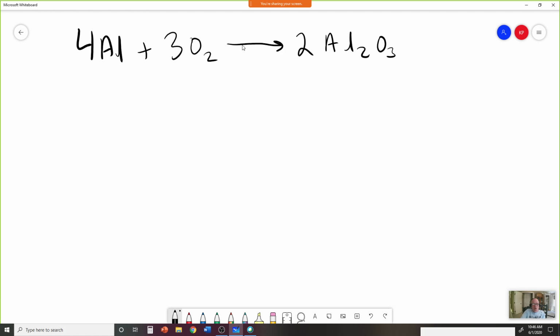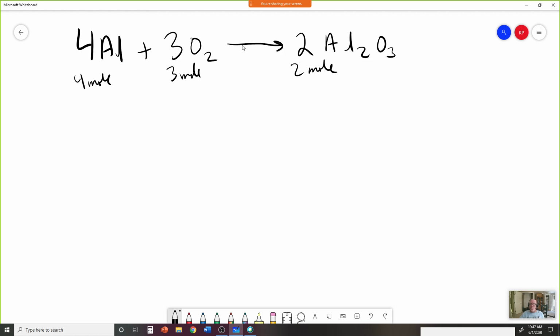Now I'm going to remind you what this means. This means 4 mole, this means 3 mole, and this means 2 mole. When we're saying a balanced equation, we're really saying 4 moles aluminum for every 3 moles oxygen gives me 2 moles aluminum oxide. Most of the time that's what we mean when we have a balanced equation, okay?